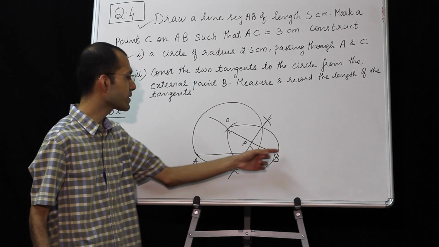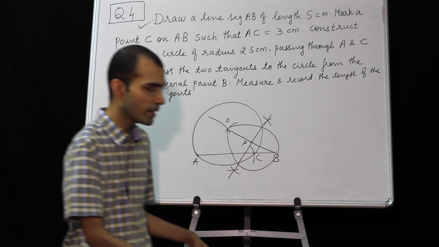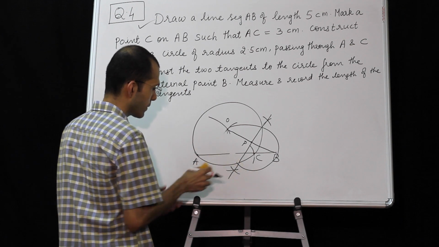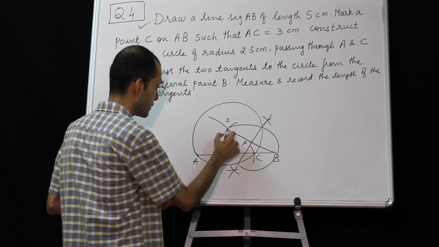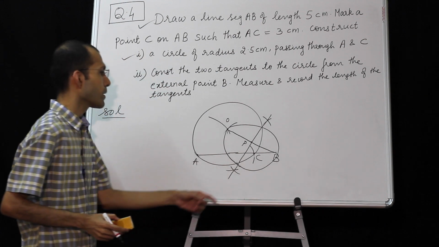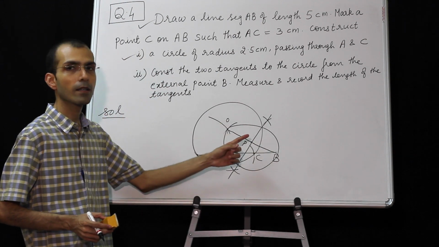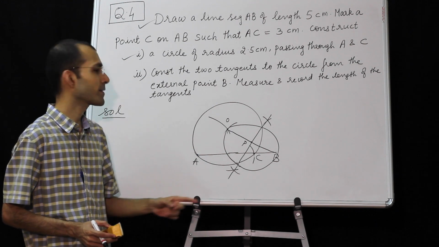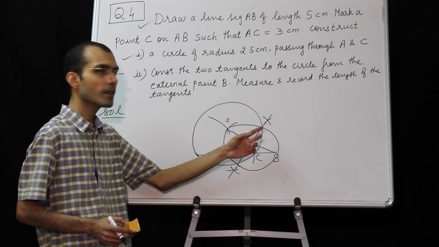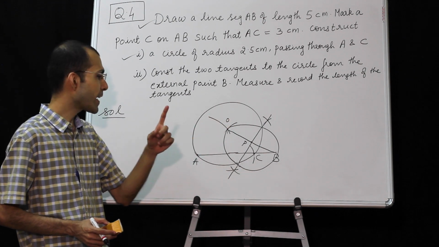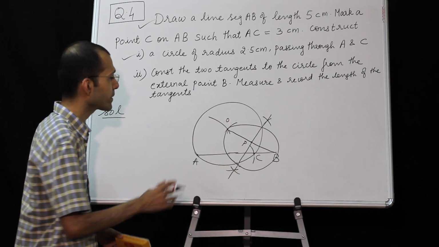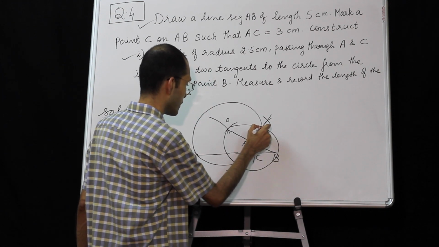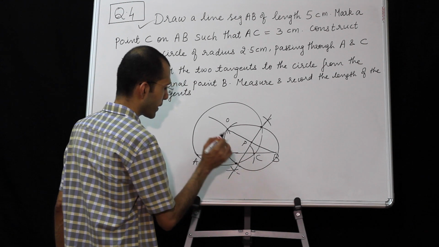The newly drawn circle, oh, it has not come so well. Let me make it a little good. The newly drawn circle meets the old circle at two distinct points. Locate those points. Here and here.